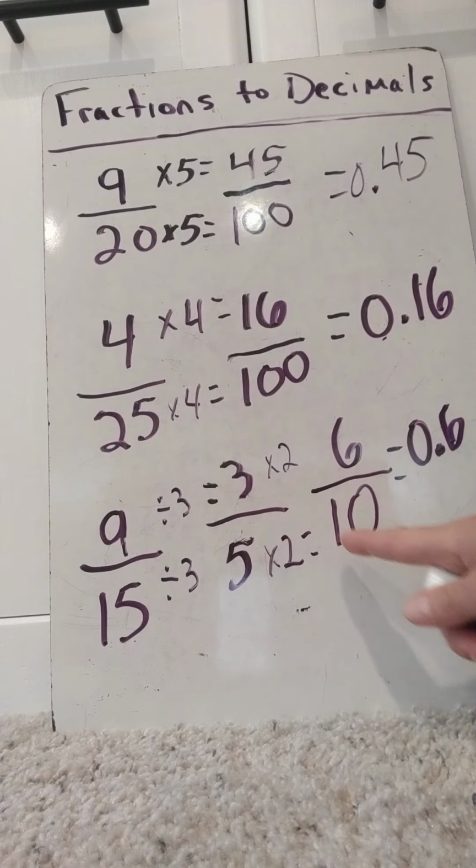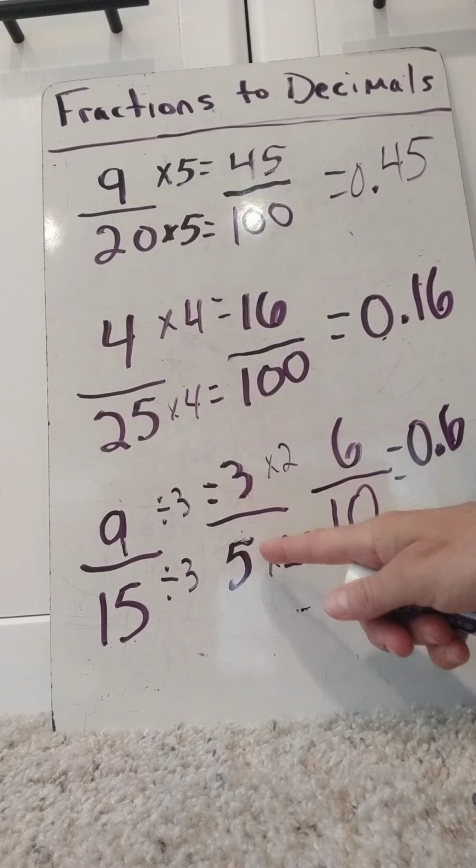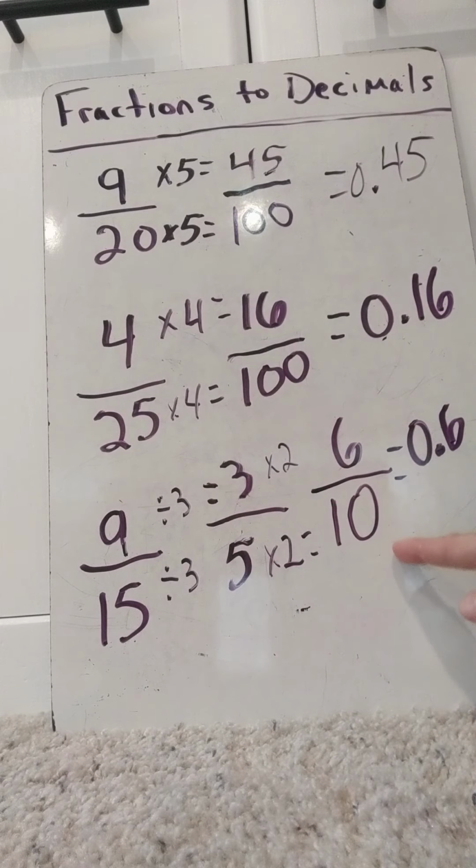Then this new fraction, 3/5, can get me to having that denominator of 10 or 100. Remember, that's always your goal. You always want to try to create an equivalent fraction that has a denominator of 10 or 100, because then that's easy to write as a decimal. Okay? So that's the example of how to do that.